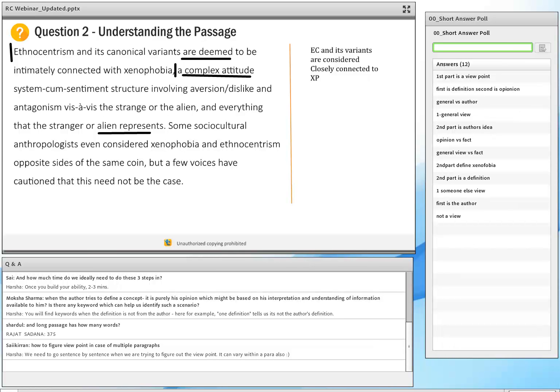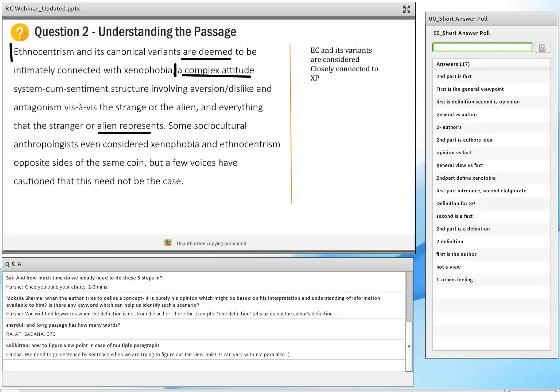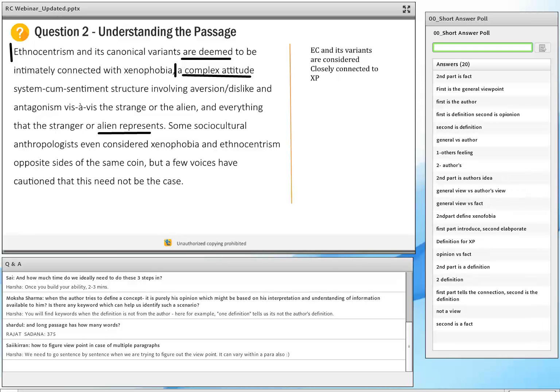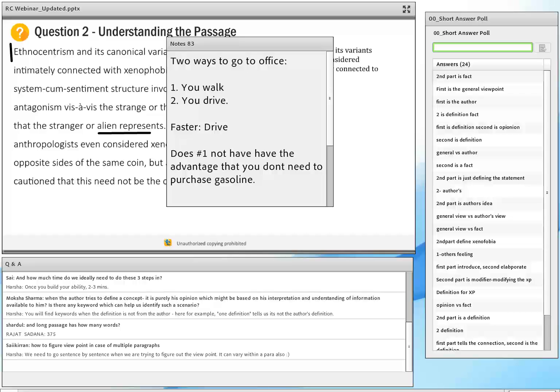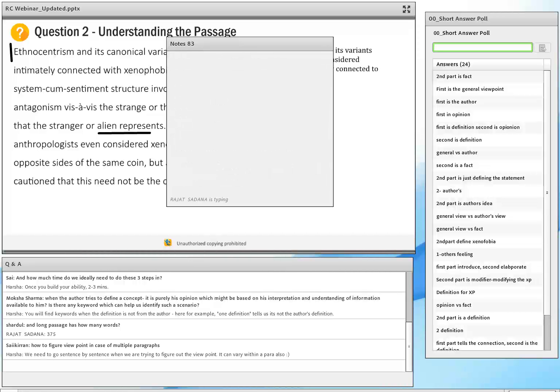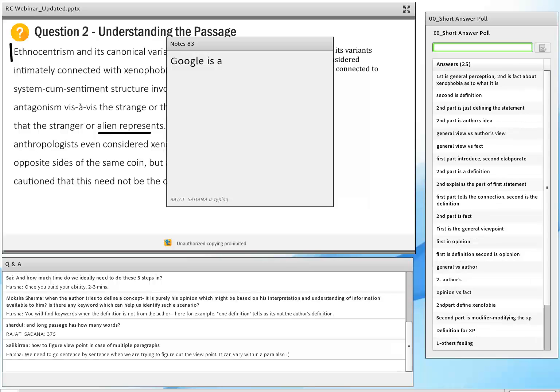Whenever you're confused about it, the best way is to take a really simple example, and let me get my notes over here. So say we go to the same example.